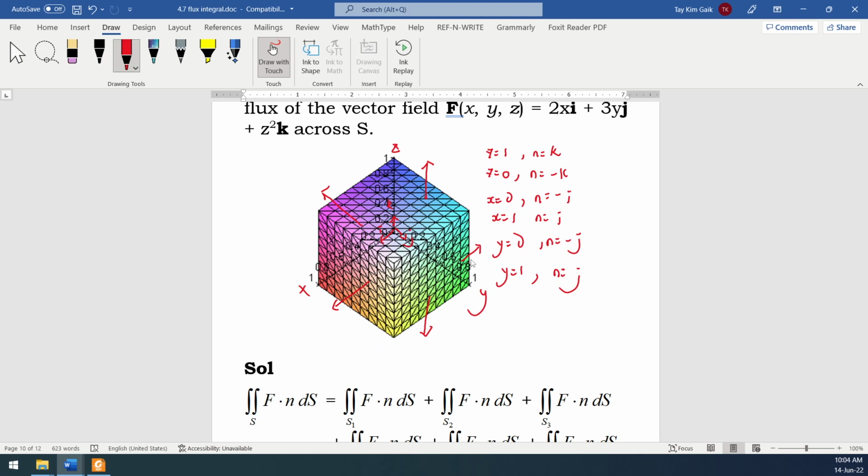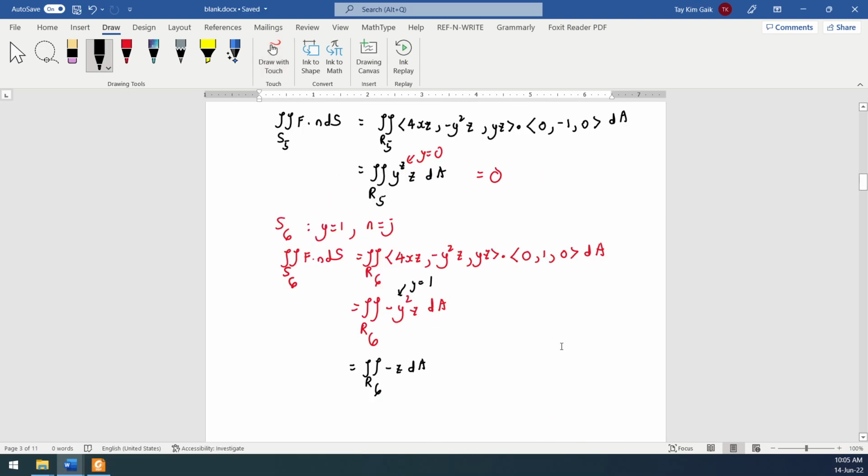R6 is y equal to 1, the wall. At your right hand side, when you press it, you will get the zx plane. Meaning the projection, you will obtain the zx plane. This is x, this is z. So that's why, Doctor, yes, the equation is not negative y squared only.